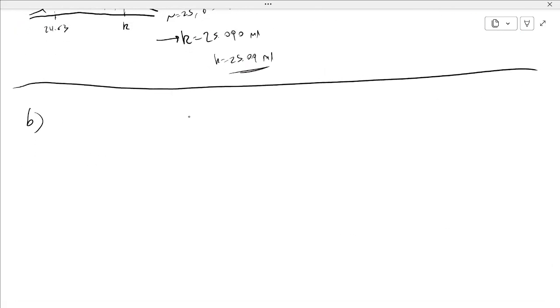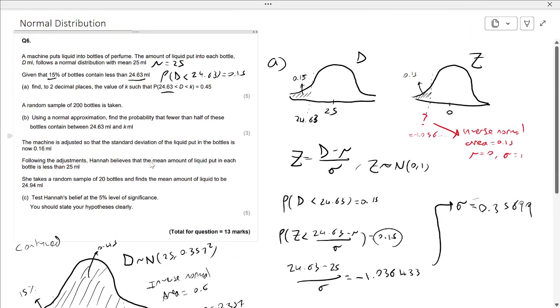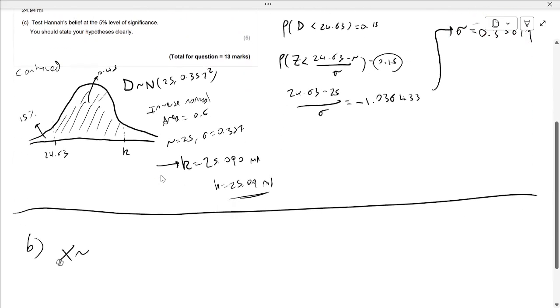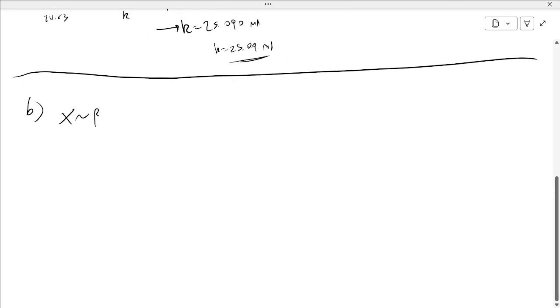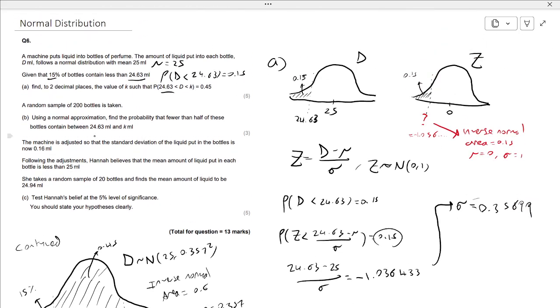The normal approximation is when you have a binomial distribution and you're trying to find a normal distribution that is roughly the same. So we need to start by saying, what is the binomial distribution we're doing? We have 200 bottles and we want to know how many contain this amount of liquid. So my binomial is counting that number. N is 200 bottles. And the probability of any given bottle being between 24.63 and k milliliters was already stated in the question.